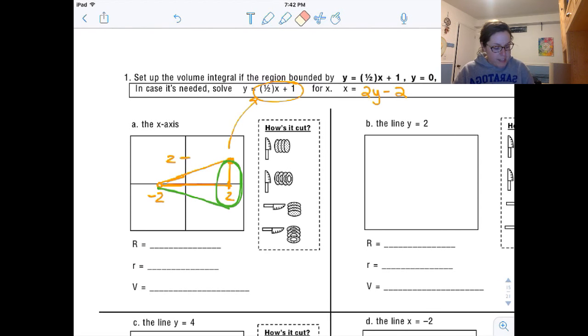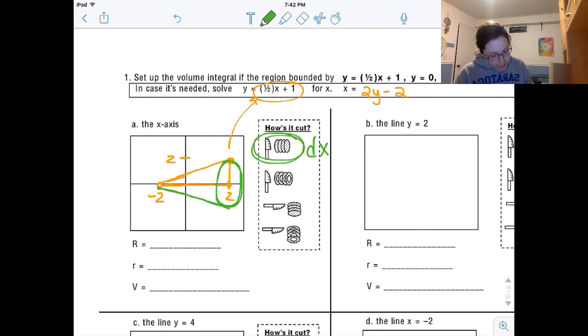So this one, I see that those slices would be solid. If I sliced it, I would get discs, and I would need to slice it this way to get those discs, right? So this is discs, and this is dx. I'm slicing the x-axis, so I'm going to keep that in mind.